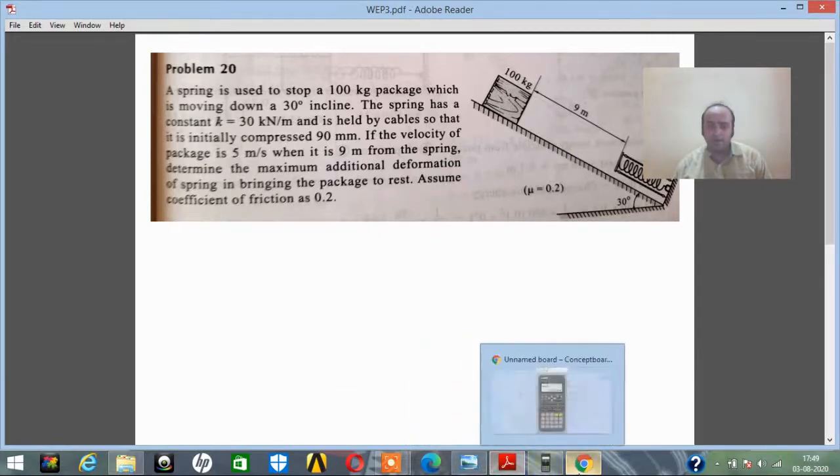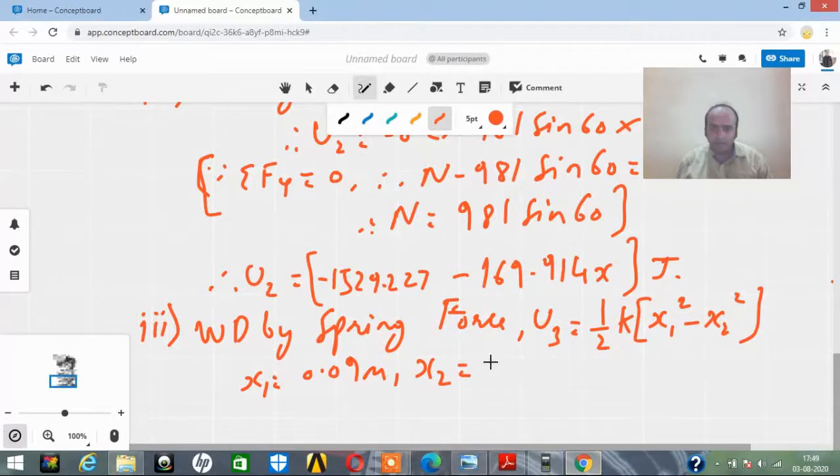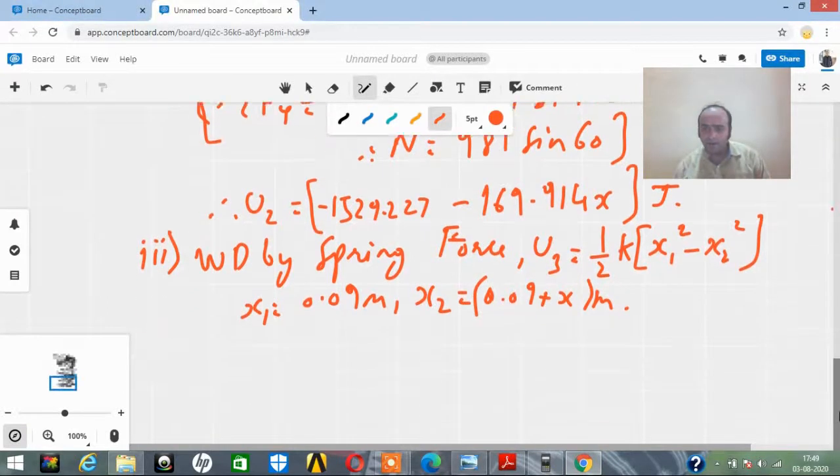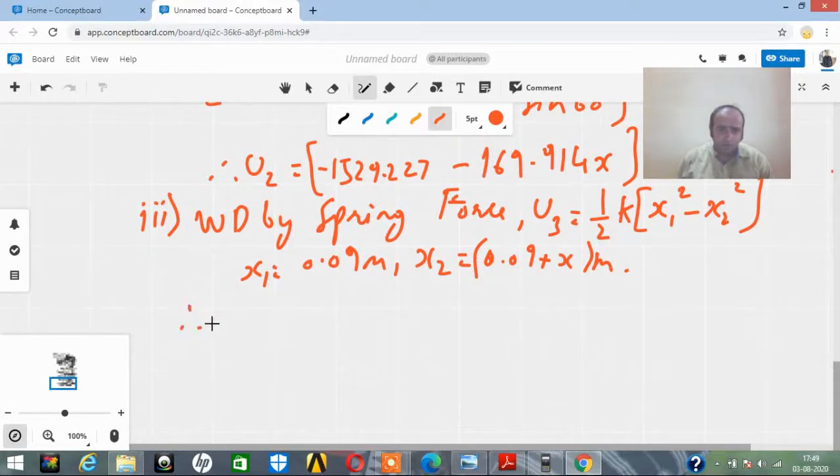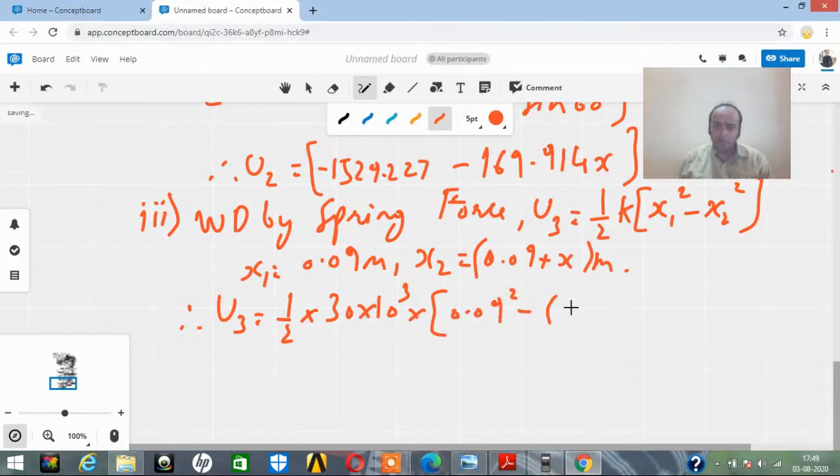So let us write it: 0.09 plus x in meters. Therefore, U3 is equal to half into K into (x1 square, that is 0.09 square, minus the bracket of 0.09 plus x, the whole square).